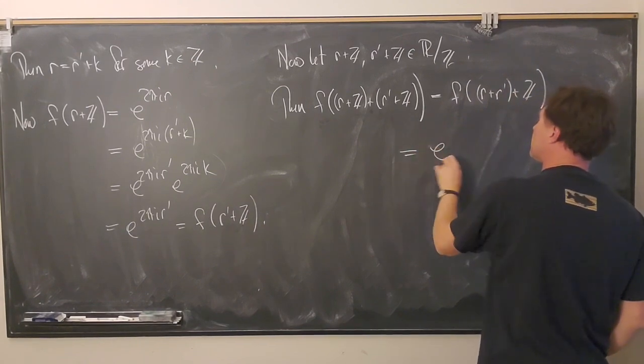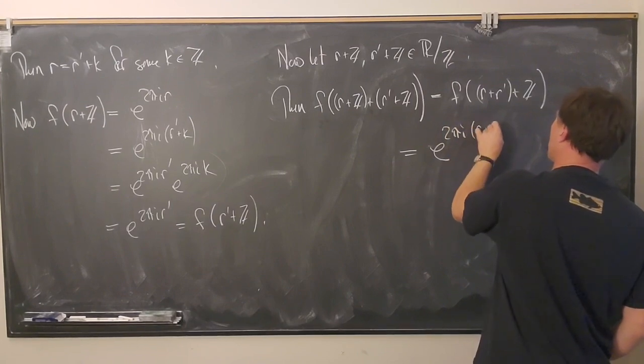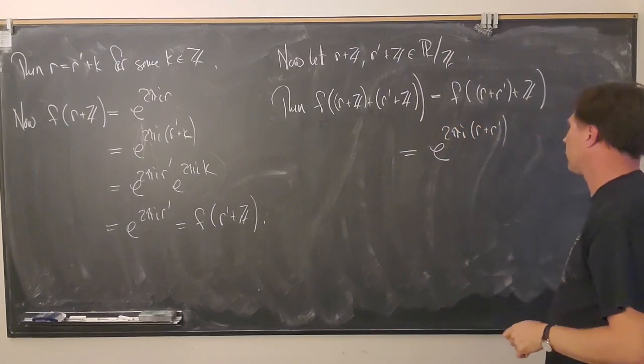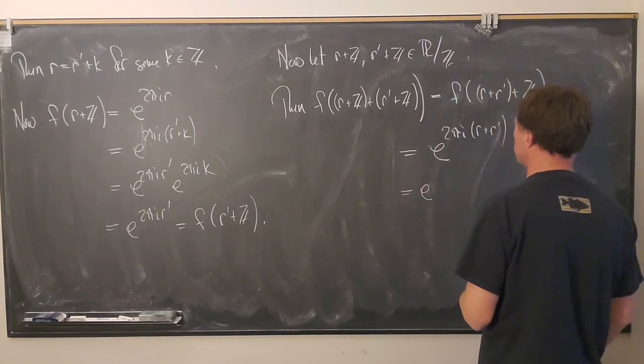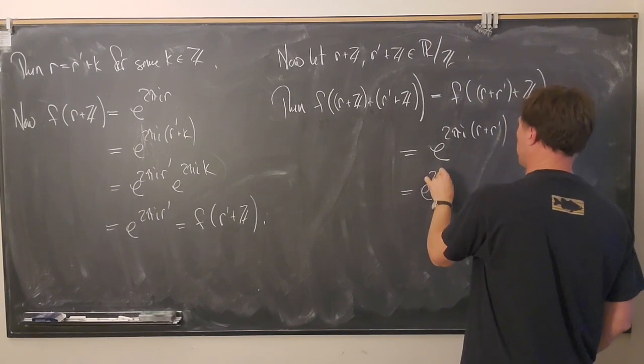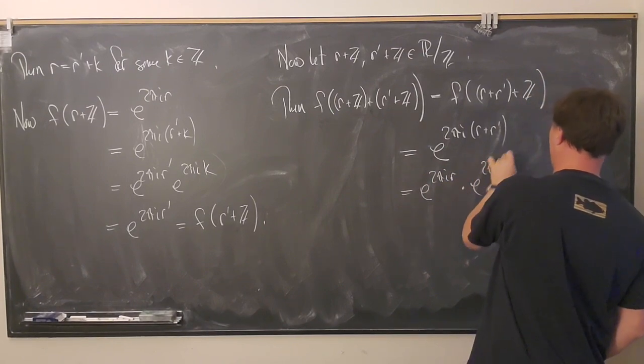Our formula says this is e to the 2 pi i times R plus R prime, which we can then split up, and now it should be clear that this is a homomorphism. So this is e to the 2 pi i R times e to the 2 pi i R prime.